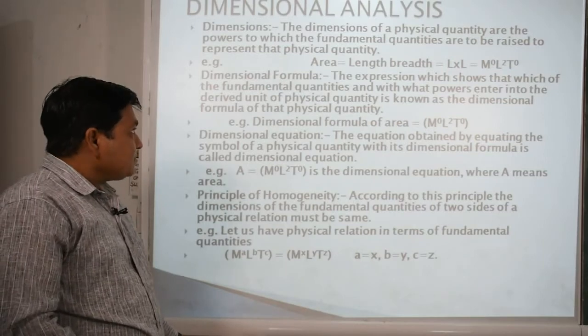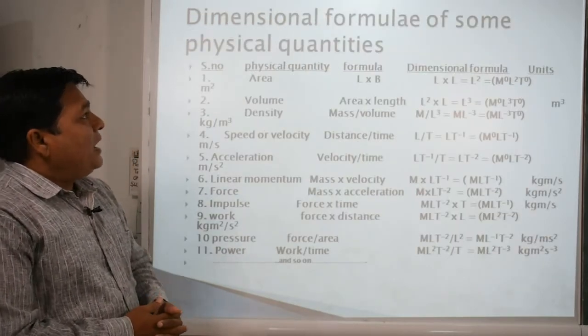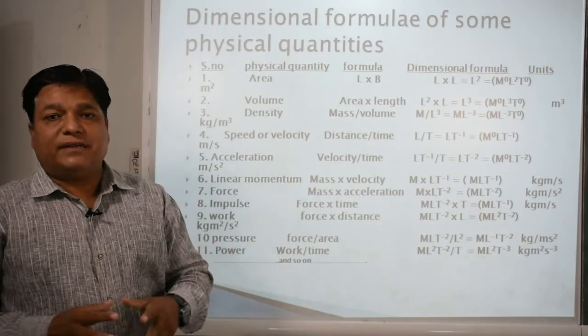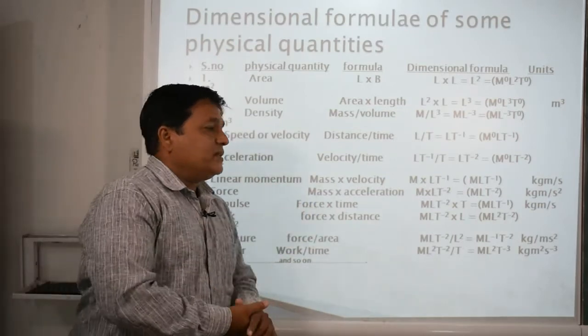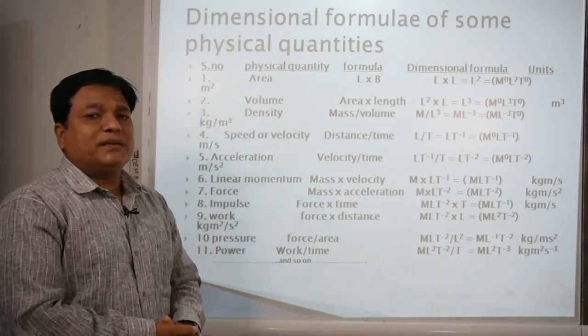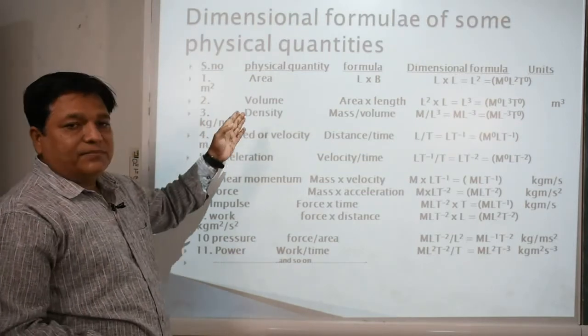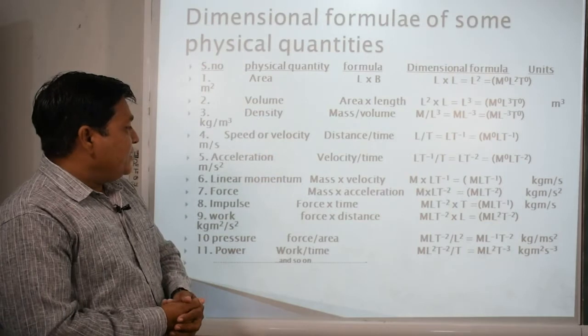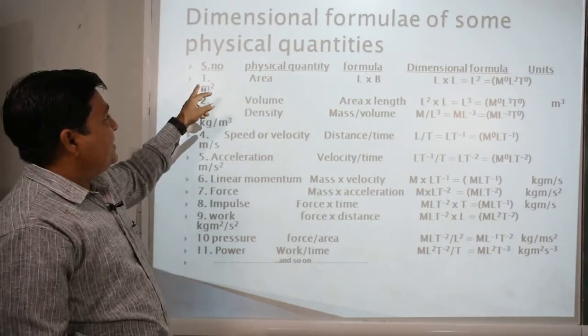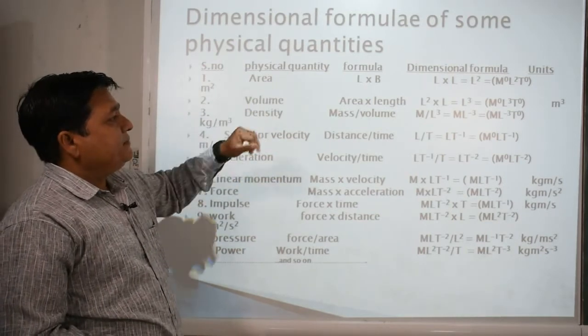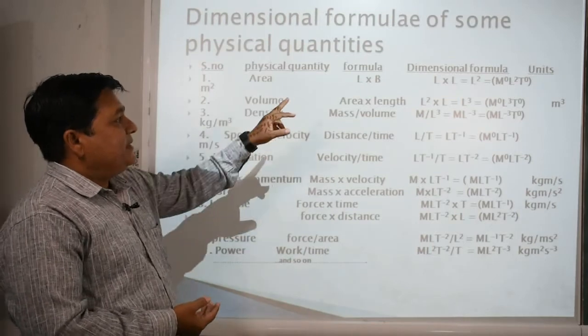Let us see now how to make the dimensional formula of some physical quantities. I will show you how to make the dimensional formula. We take some physical quantities. For example, number 1, area. Area means length into breadth.